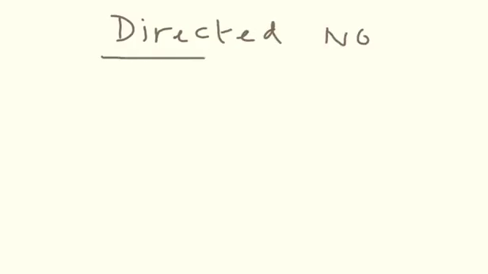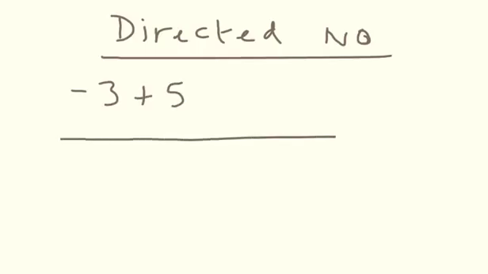So now we're going to do something which technically is called directed numbers. Directed numbers, addition or subtractions, or negative numbers. So for example, we've got minus 3 plus 5. So I'm just drawing here. This represents 0, 1, 2, 3.